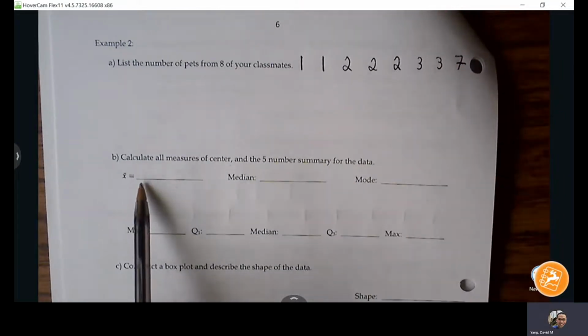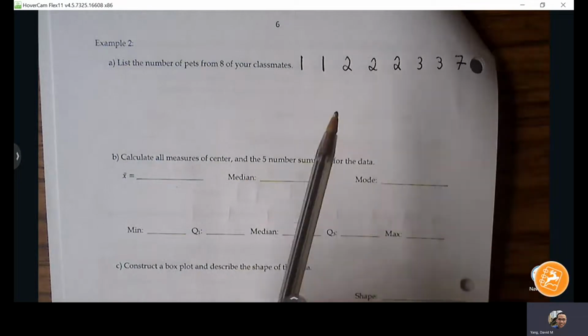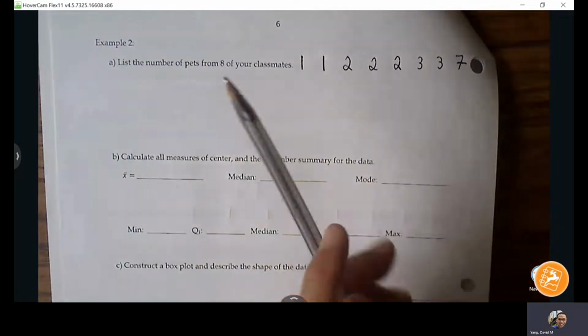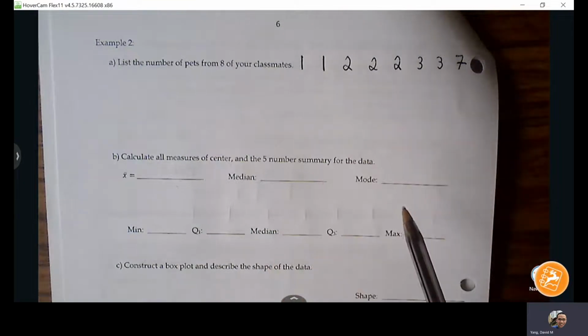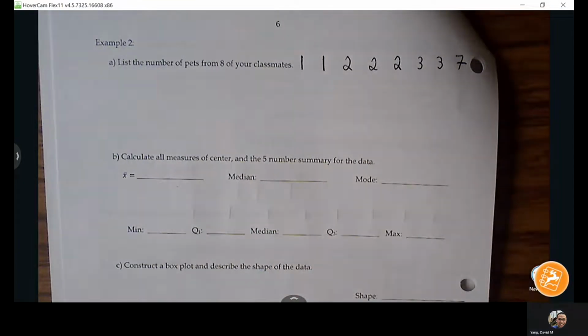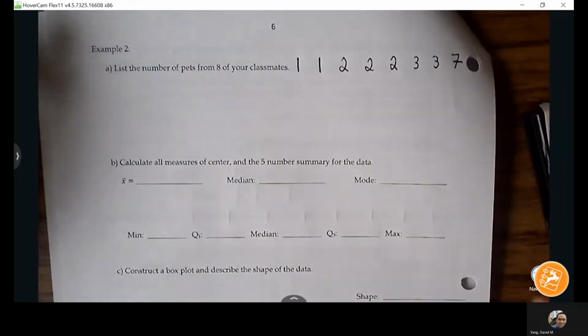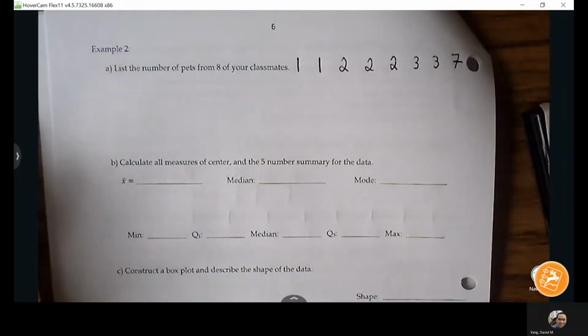Okay, so again, mean just means add up all the numbers and divide by 8. Median, everything's already in order, so just find the middle number. And mode is the number that repeats the most often. Okay, feel free to use your calculators.